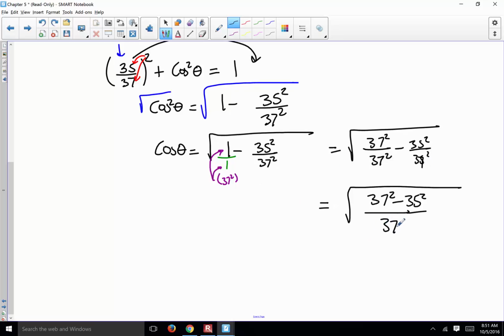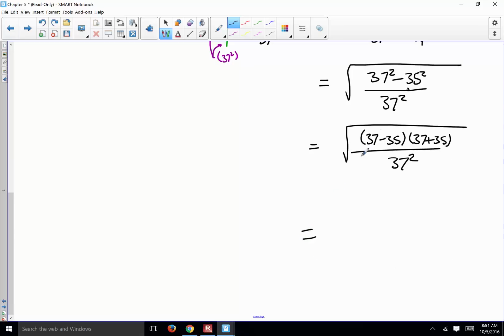They have a common denominator now. Now this is a square difference, so it is 37 minus 35 times 37 plus 35. A square minus b square is a minus b times a plus b, remember? And this makes only 2.